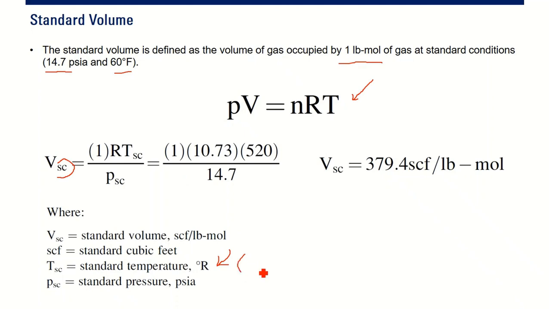Ya, jadi kalau Fahrenheit, F plus 460 to change to Rankine. Jadi 60 plus 460, we have 520. And then divided by pressure. Pressure is 14.7. So the standard volume is this one, 379.4 standard cubic feet per pound mole.